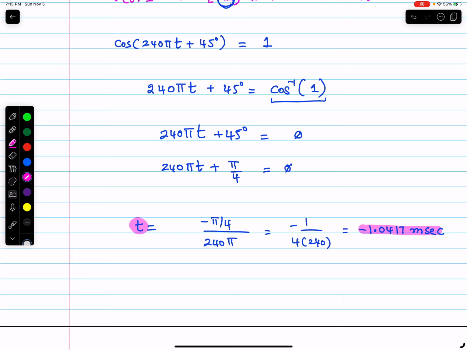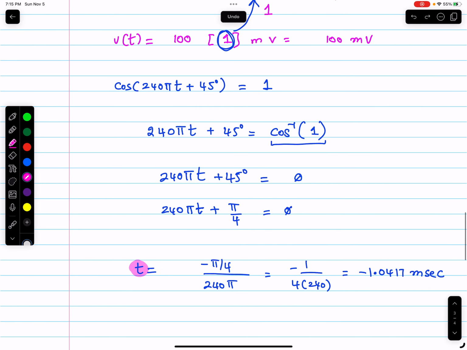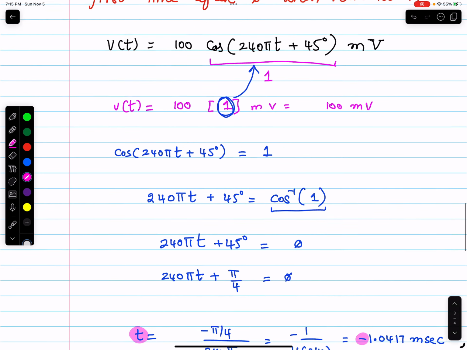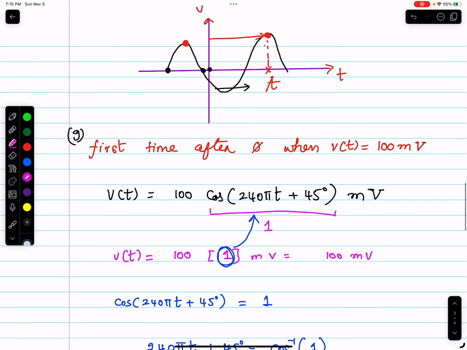Not quite, because the result here is negative, meaning we found a time which happens before the origin, to the left of this y-axis, but we are interested in calculating the first time after the origin, towards the right of this. So how do we calculate that?